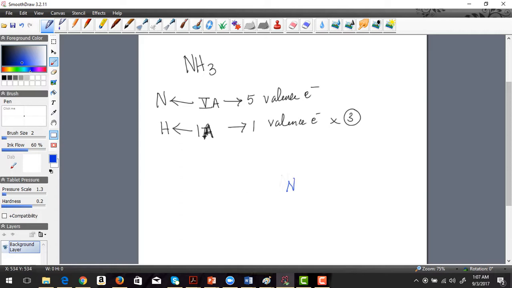Okay, as I said, nitrogen has 5 valence electrons. Put them wherever you like, but don't put them anywhere on your paper. Just put them somewhere around nitrogen. And each hydrogen has only one, so you cannot even split it into pairs. You only split into pairs when there is more than 2, because 2 itself makes a pair, which we will also learn.